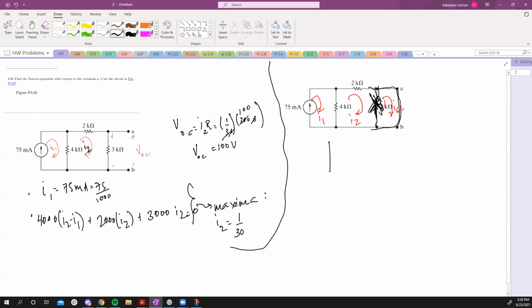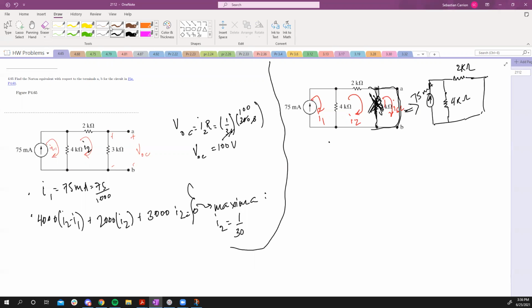I'm going to redraw this. This is what our circuit would look like now. So we have 2K, 4K, 5 milliamp.